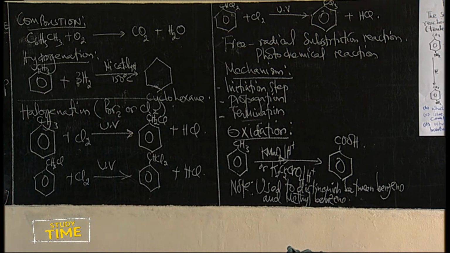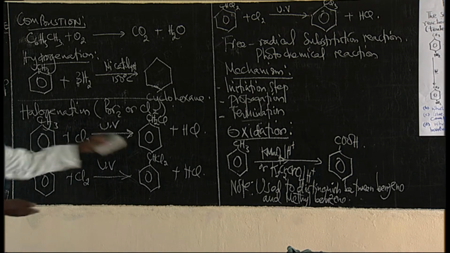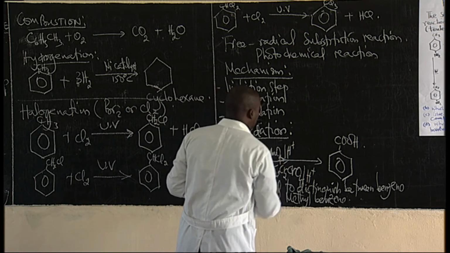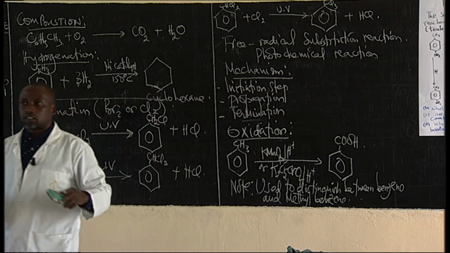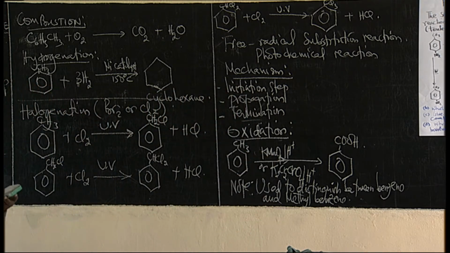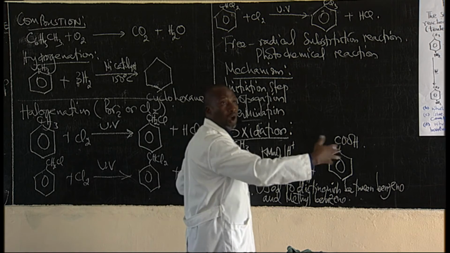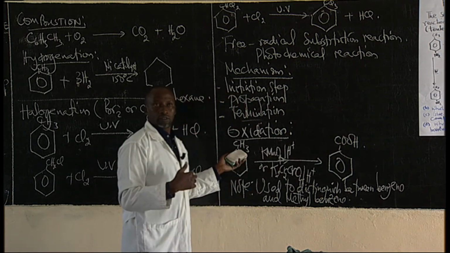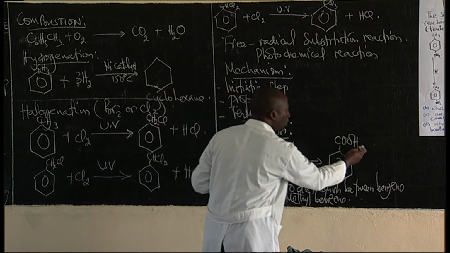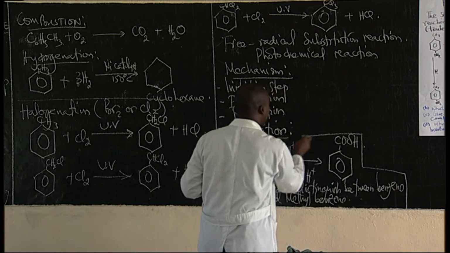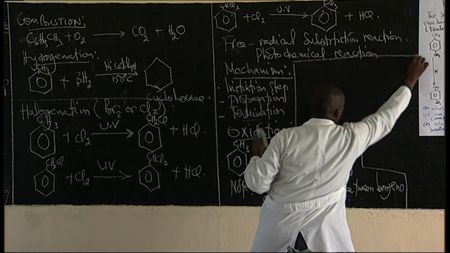Another important reaction I want to talk about is oxidation. These are the oxidizing agents. But mild, or weak, oxidizing agents oxidize the methyl group into an aldehyde instead of the carboxylic acid. So this is what happens.